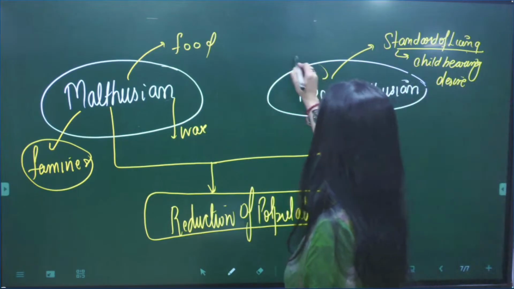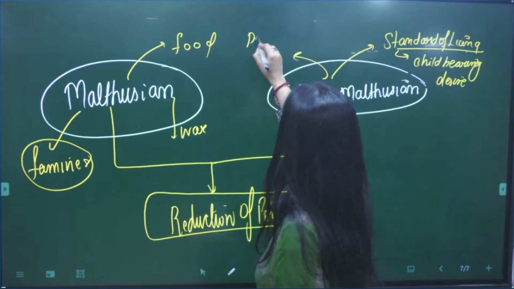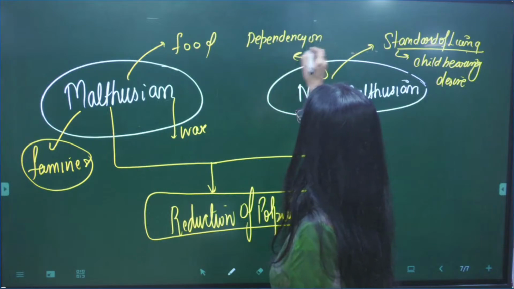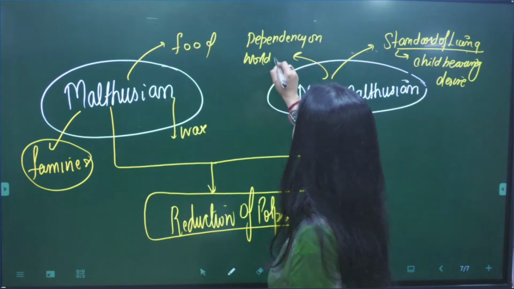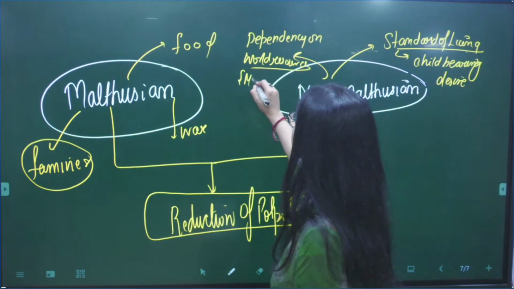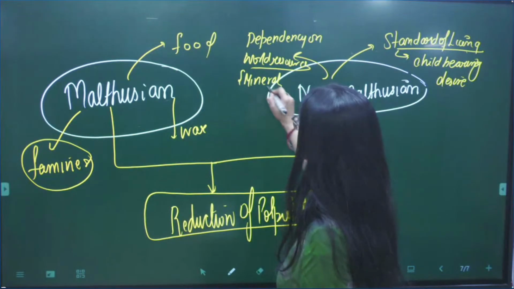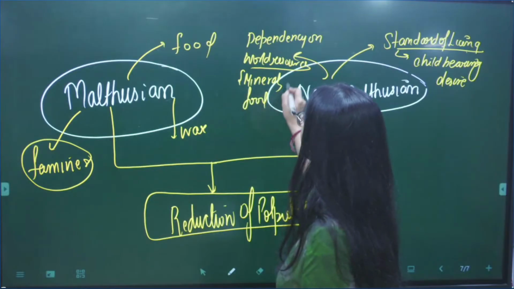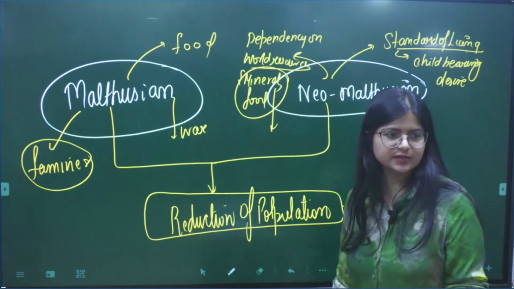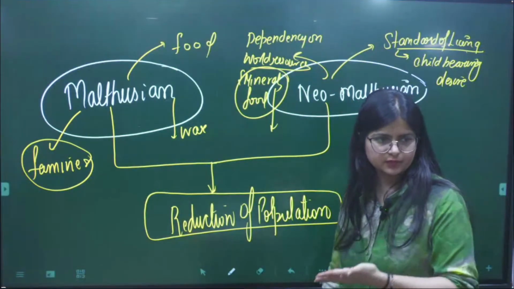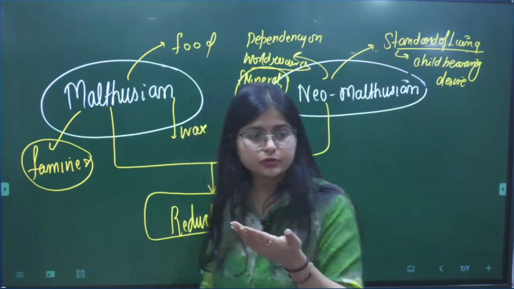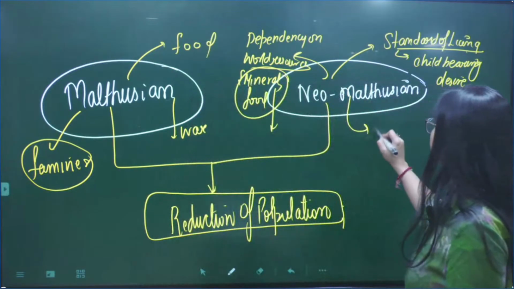Next is what? Because dependency on the world resources will be more. So what will happen with world resources? Your minerals dependency will be more. This will also include the food, all of this. Then what will happen? Because the limited resources are there, if you use something excessively, then pollution will happen. And they did not want to make pollution.